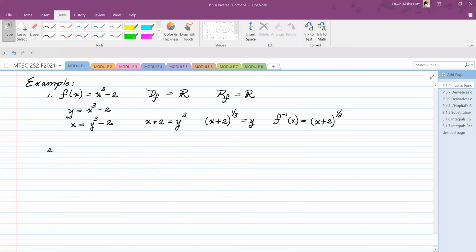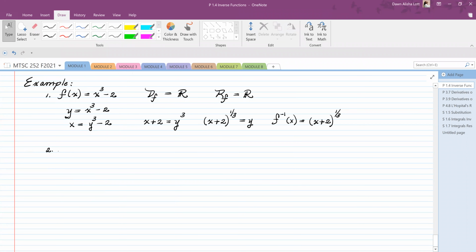All right. F of x is equal to x plus 2 divided by 2x minus 3. So what's the domain of f? It's the set of all x such that x what?